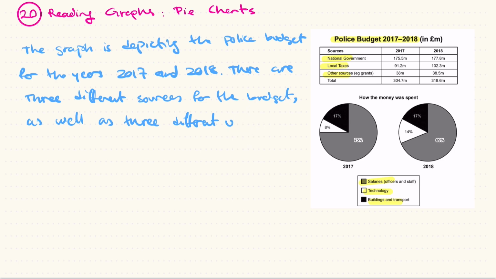Let's write use cases, I think is the best. So that itself is a very simple first paragraph, but you are introducing what the graph is presenting.